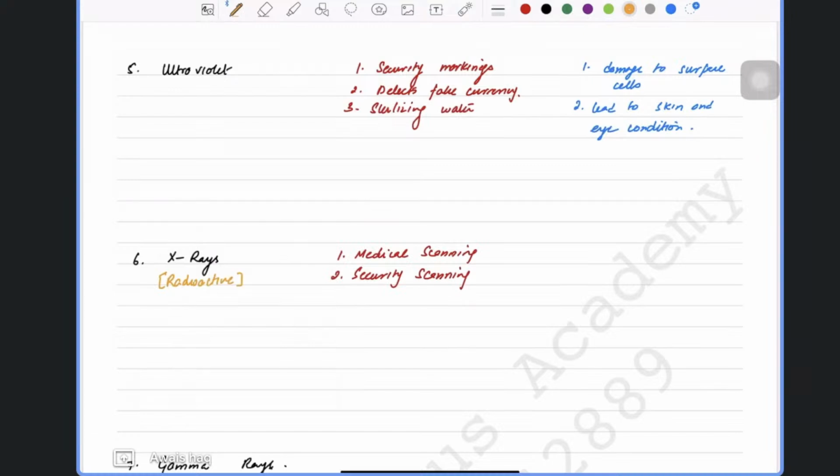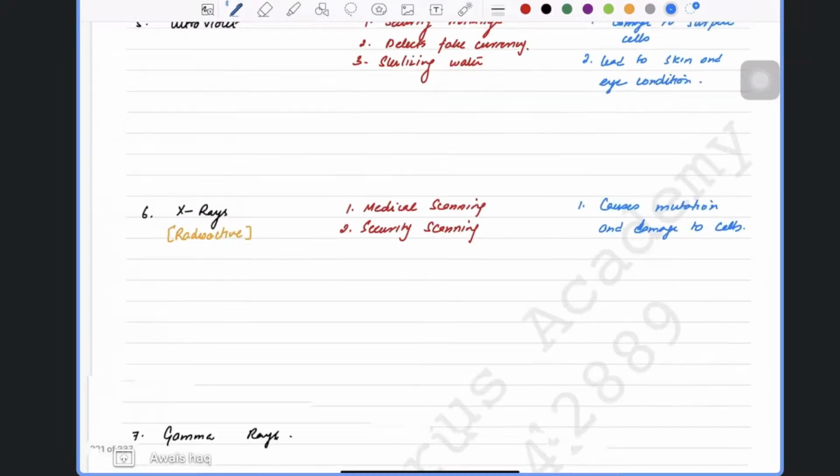Because it is radioactive, that would mean that it can cause mutation. Mutation is improper functioning of cells and damage to cells.